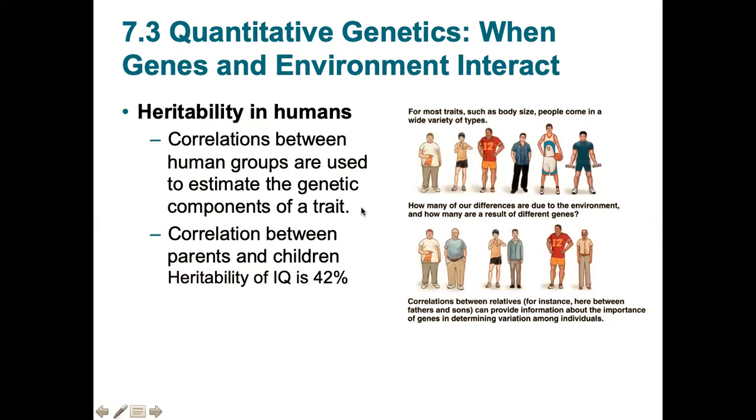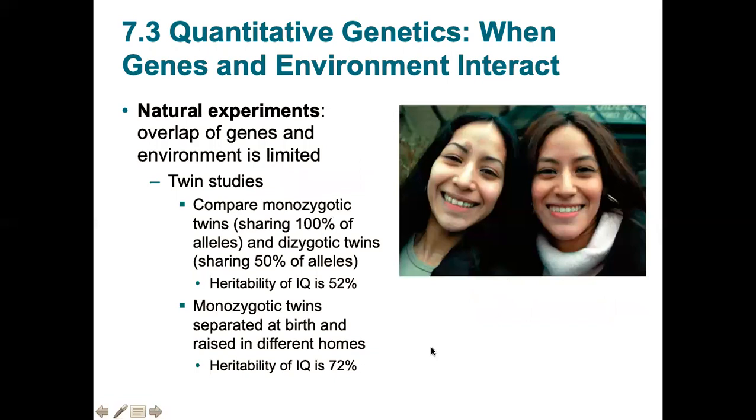There are some correlations that are used by human groups trying to sort out IQ to see if it's heritable. But again, correlation doesn't equal causation. It's really hard to say that you're smart because your parents are smart. Certainly, there are some things that are genetically passed on, and some things that aren't.